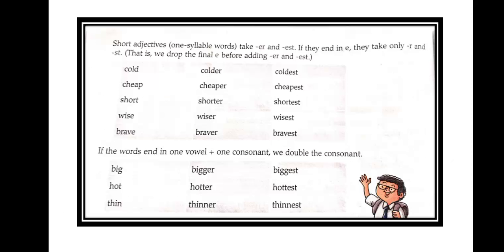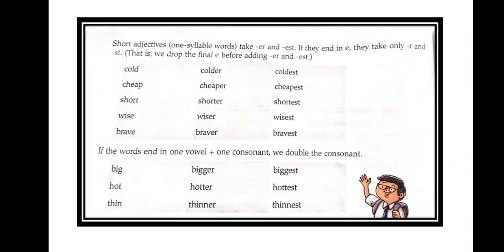Short, shorter, shortest. Wise, wiser, wisest. Here, wise ends with e, so we don't add one more e. Wiser, we add only r. The same way in the superlative, wisest, we are not adding another e. Brave, braver, bravest. In brave also we add only r and st.